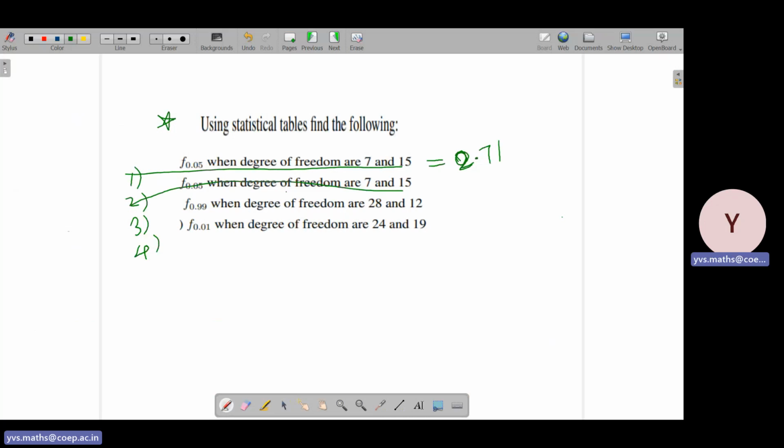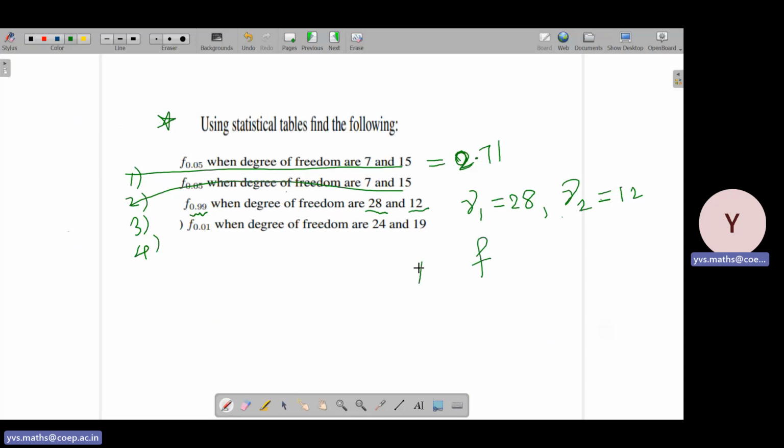Now let's go towards the third question. You have to find f suffix 0.99 when the degrees of freedom are 28 and 12. So I'll say that nu1 is 28 and nu2 is 12, but the suffix at the same time is 0.99.